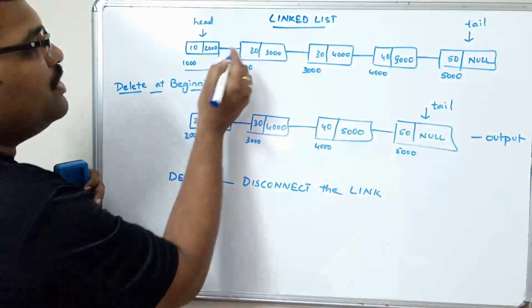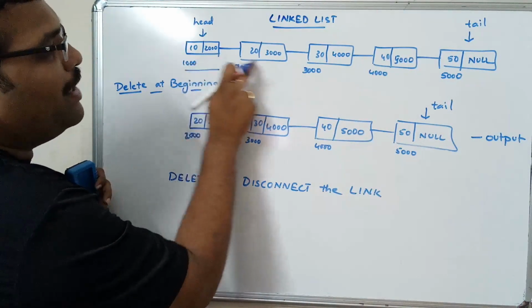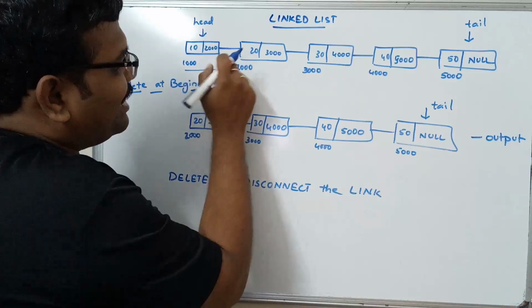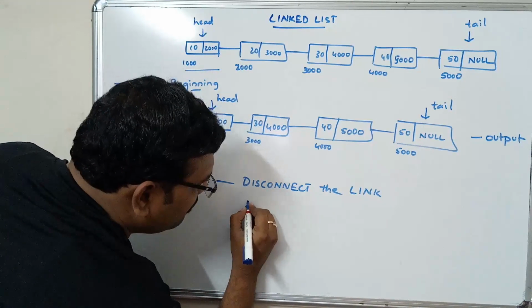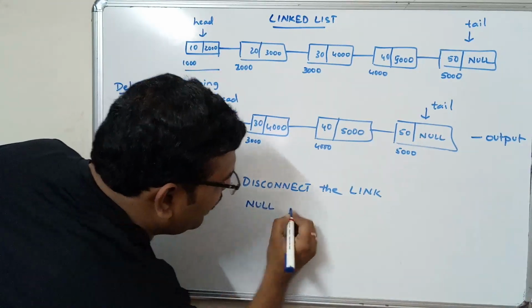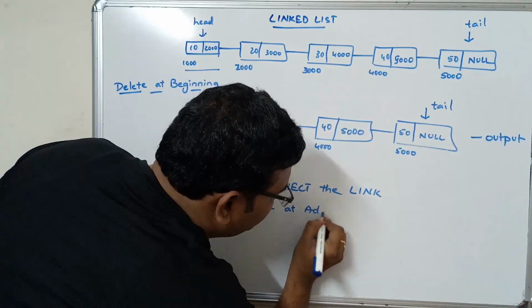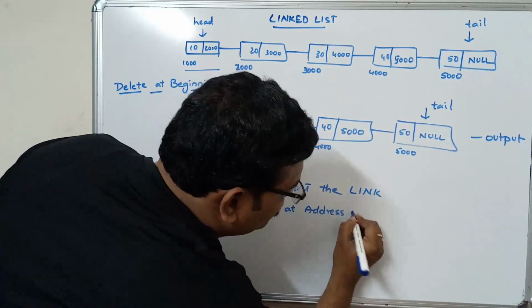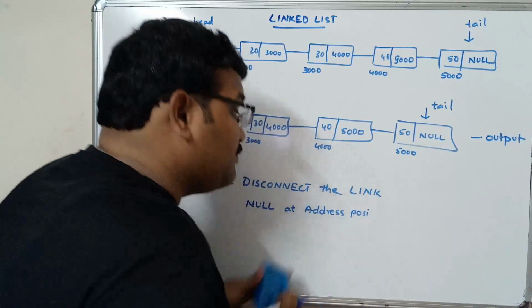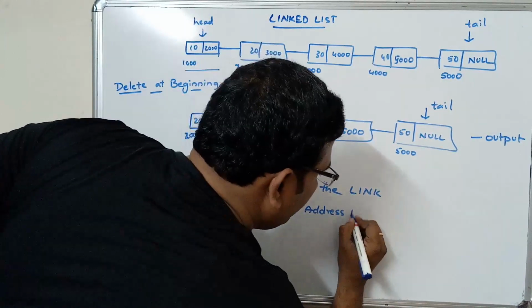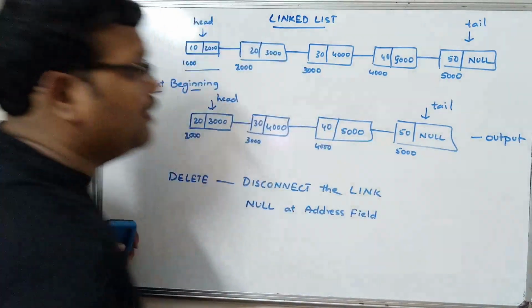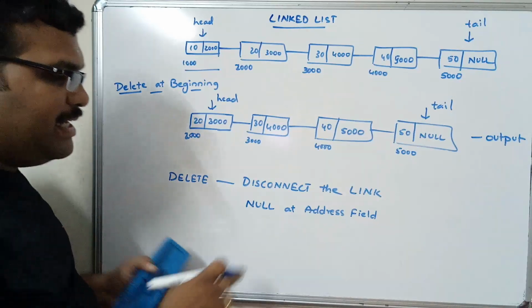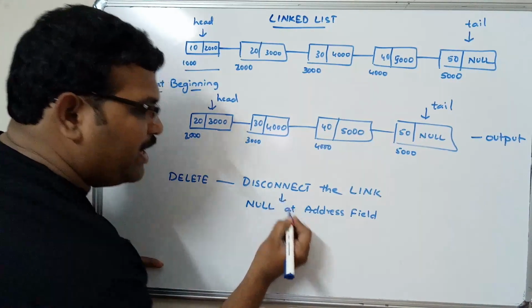Here we said that there is a link between one node and another node. So how to disconnect this link? By placing null at the address field.